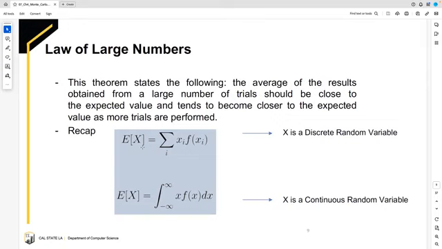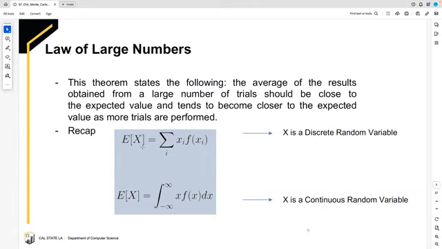Okay, so again, recall that we defined the expected value of a random variable last week. If it's a discrete random variable, the expected value is basically the summation of the values multiplied by the probability of xi times the functional value at xi, and if it's a continuous random variable, instead of summation, you just simply have the integral.